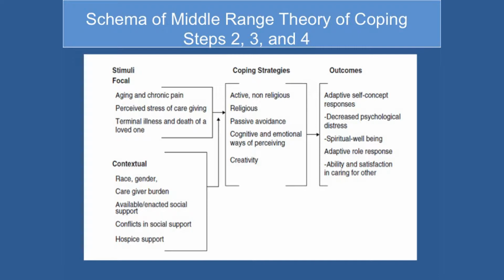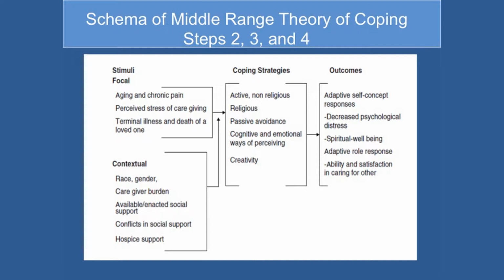So in these cases, what we had was aging and chronic pain, perceived stress of caregiving, terminal illness and death of a loved one.